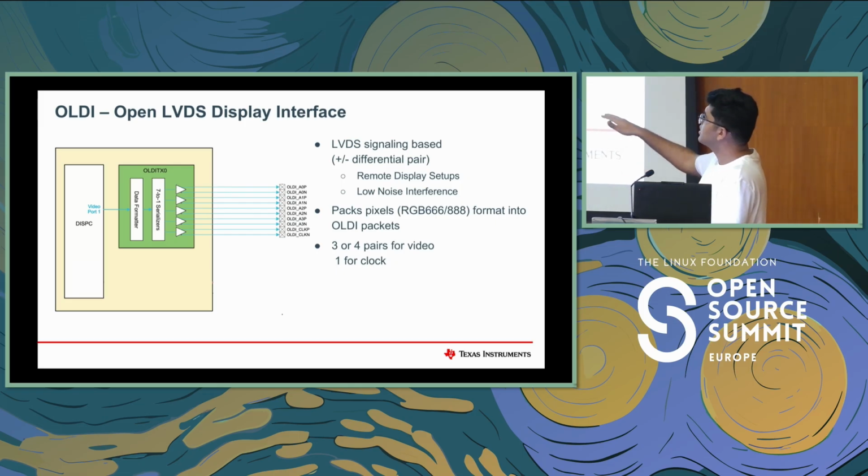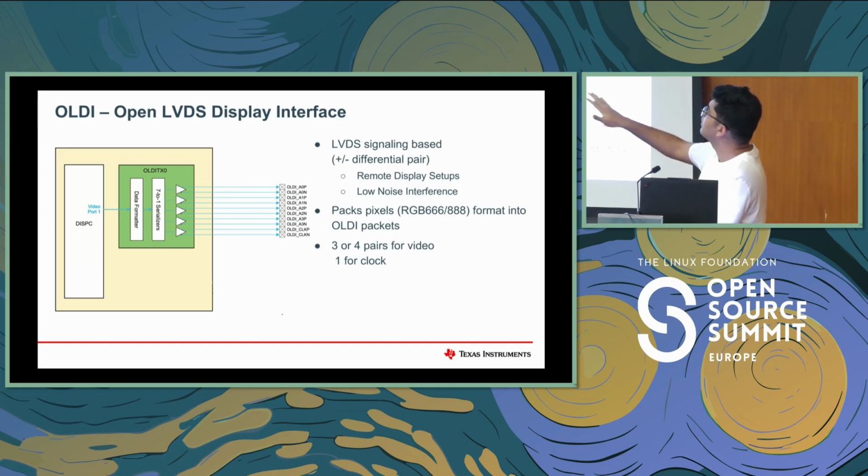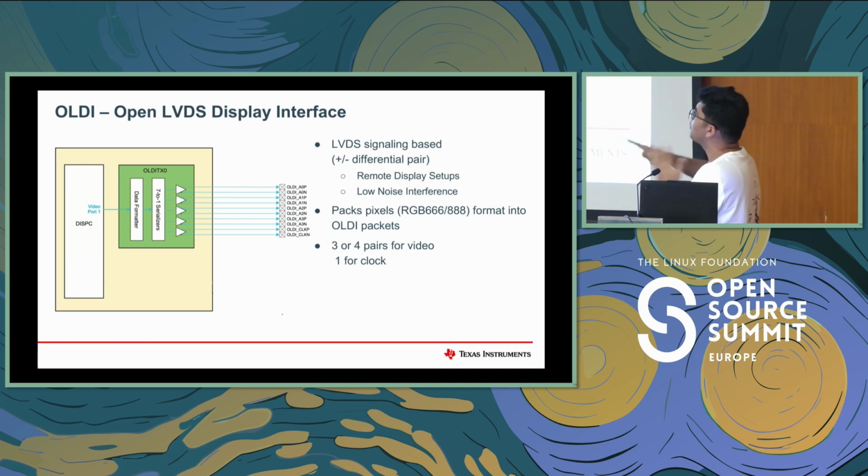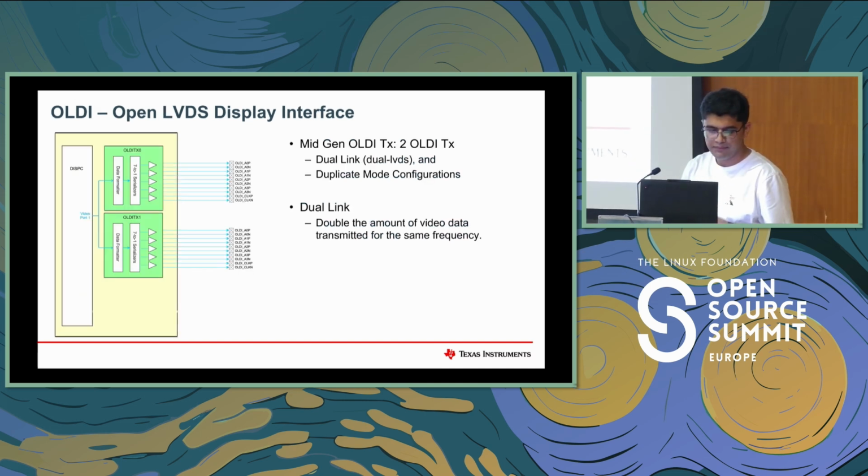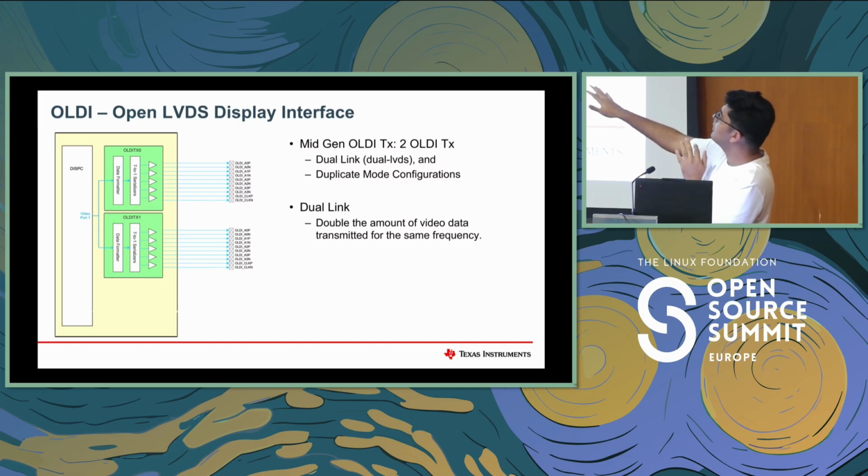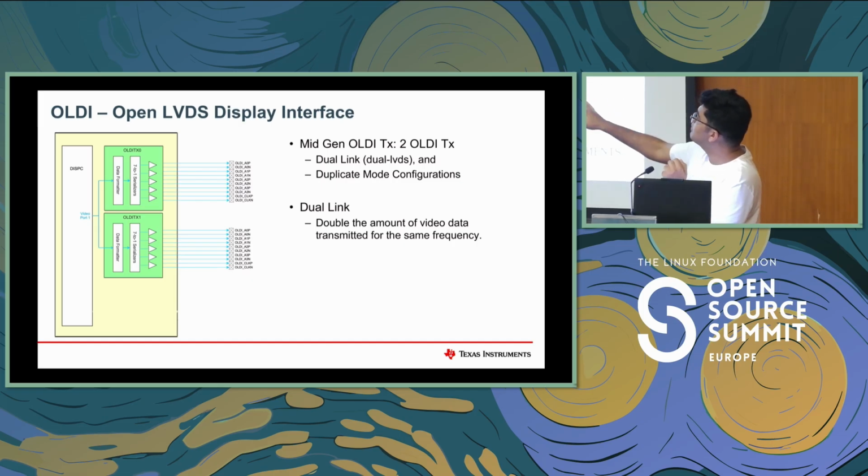So this was an earlier gen setup that we had. The single CRTC or the single video port was supporting the one OLDI transmitter in a one-to-one fashion. And this was a mid-gen setup where, again, the same video port, same CRTC would then support 2 OLDI transmitters.